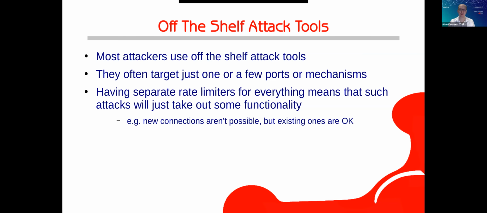And since we have separate rate limiters for every type of packet that the server is supposed to receive, attacks like this only disable some functionality. Like, for example, if it's a SYN flood, new connections aren't possible, but all existing connections continue to function normally. And quite often, these cases are also very short.